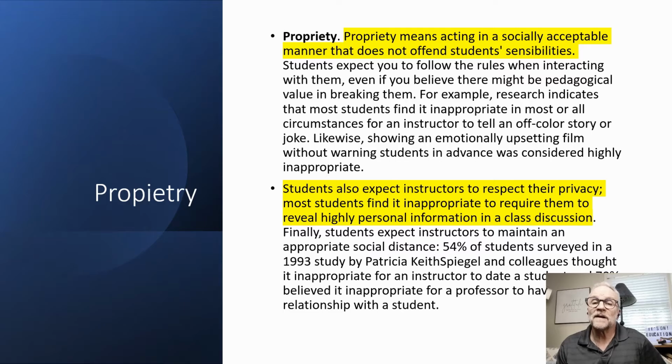Propriety means acting in a socially acceptable manner that does not offend students' sensibilities. It gives some examples here of telling off-colored stories, or maybe presenting a film that they might find offensive. We always had a very strict video or film policy in our school that had to be approved by the principal.